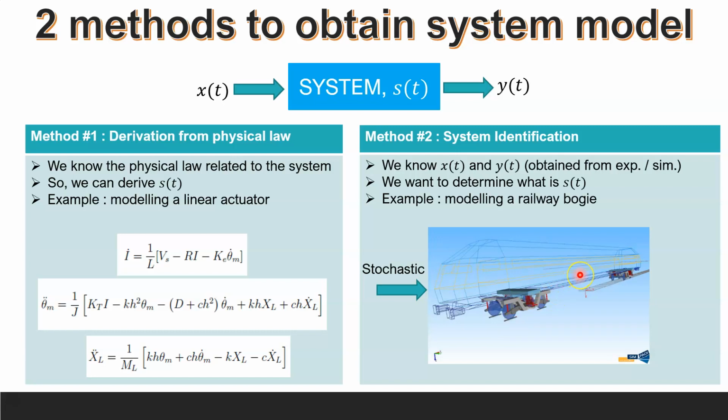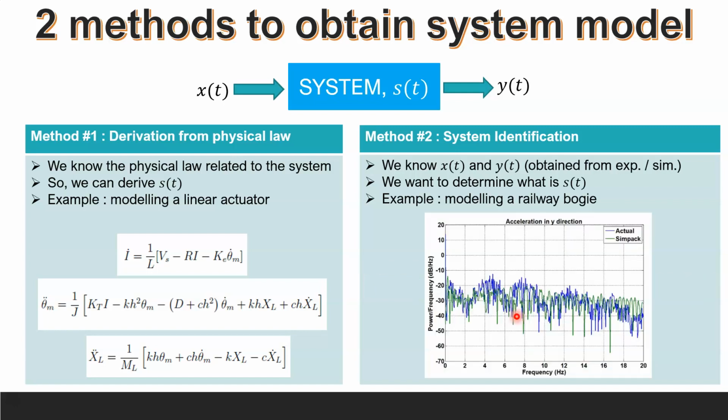Now, if we put a sensor at the car body or at the axle box down here on the bogie level, we can measure the X, Y, and Z acceleration of the car body or the axle box. I show here an example of the acceleration in the y direction.